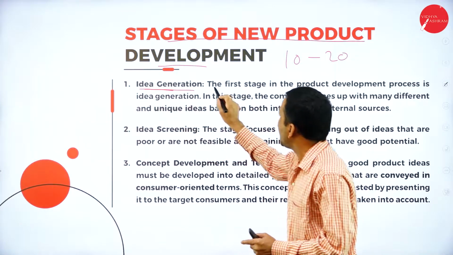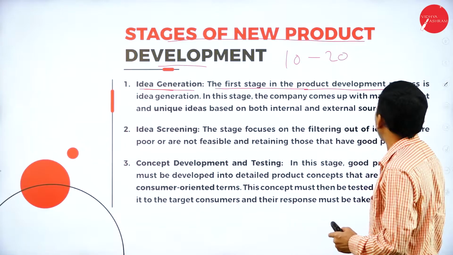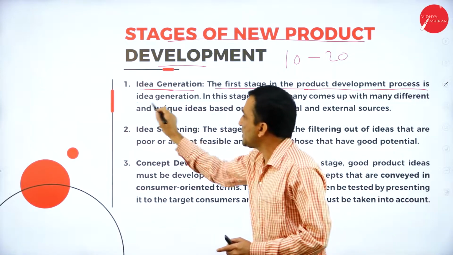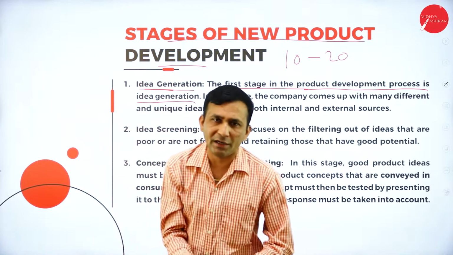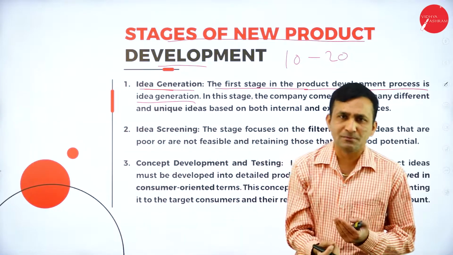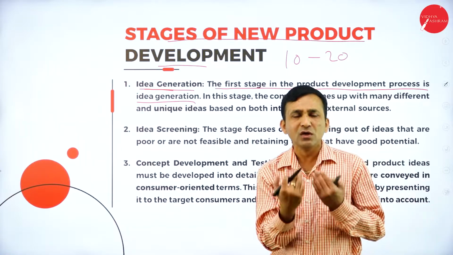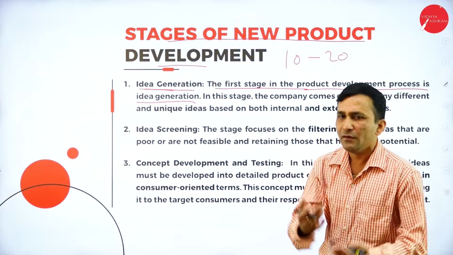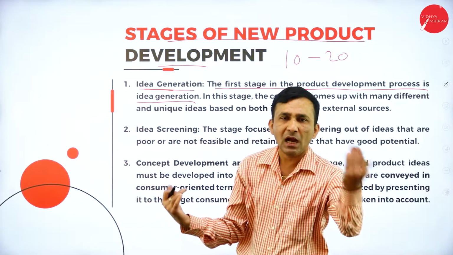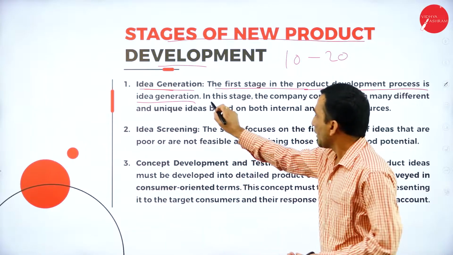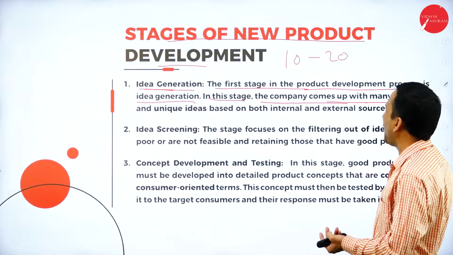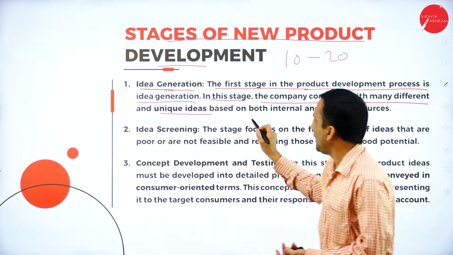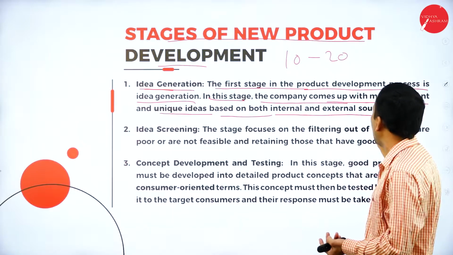So idea generation, the first stage in the product development process. I need to get ideas about how to develop my product, what is my service product. Of course, I just want to gather the information, with the help of internal source and external source. In this stage, the company comes up with many different and unique ideas based on both internal and external sources.